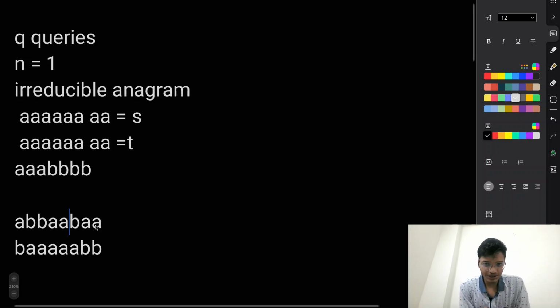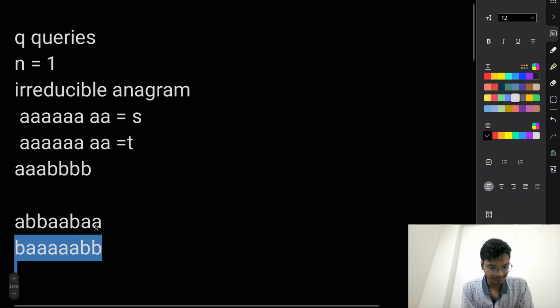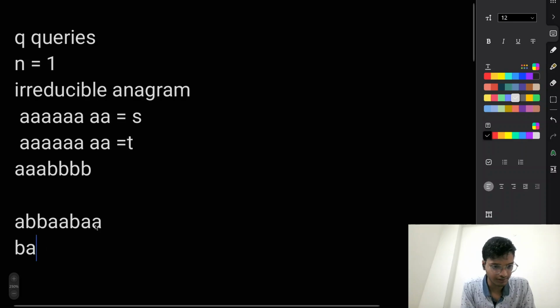So if there are two different characters within a string S, and the last character and the first character are the same. Why am I saying so? Let us suppose, wait a second, it's really getting tricky.